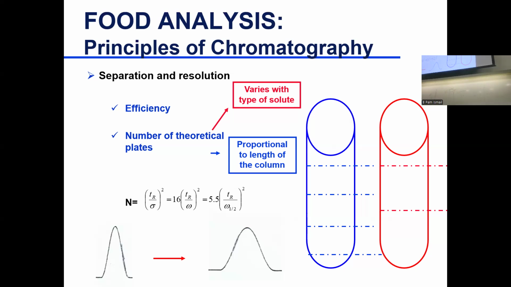So over time, when the stationary phase deteriorates, number of theoretical plates goes down. So you have harder time reaching equilibrium, takes longer time. Your solute diffuses within the column, and then it takes longer time for all of it to leave the column, and that will impact resolution.